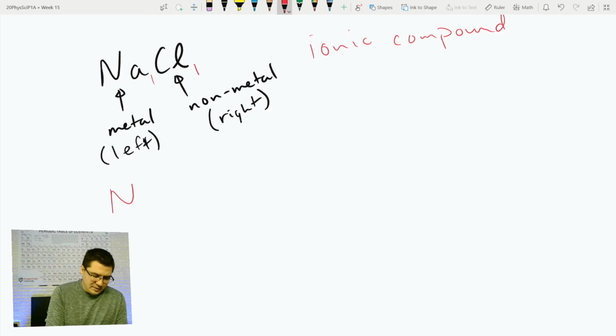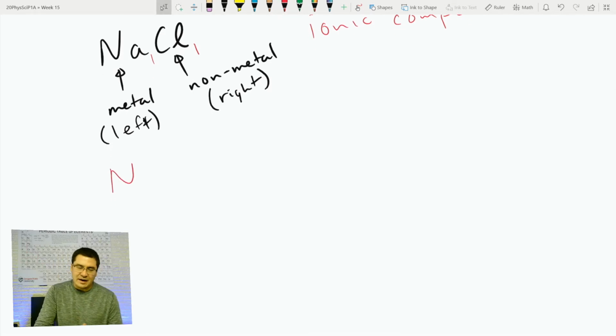Sodium, when it loses its outer electron, forms a sodium ion with a 1+ charge. And chlorine, which has 17 electrons, likes to complete its octet by gaining 1 electron. When it gains 1 electron, it forms an ion with a 1- charge, because it has an extra electron compared to its protons.